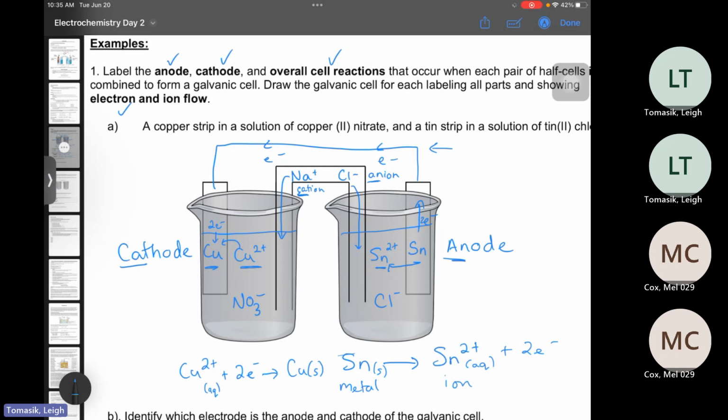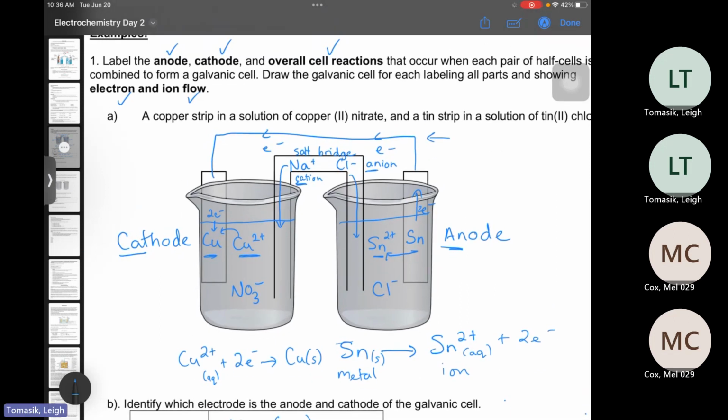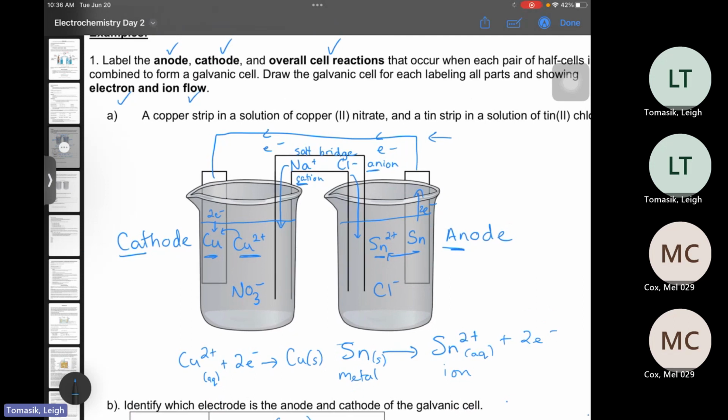I'm showing that the copper is becoming a solid, going away from being an ion, and I'm showing the ion flow at the salt bridge. Right? So I've done my job there.